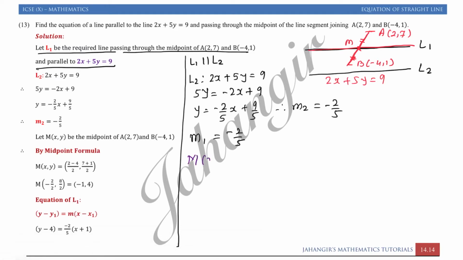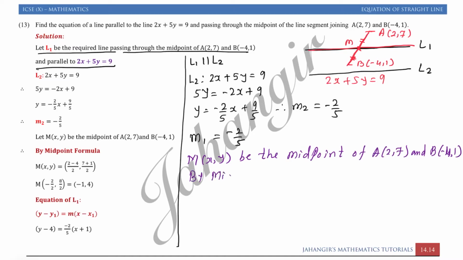Now we will say let M(x, y) be the midpoint of A(2, 7) and B(minus 4, 1). By the midpoint formula, we will find the point M through which L1 passes.